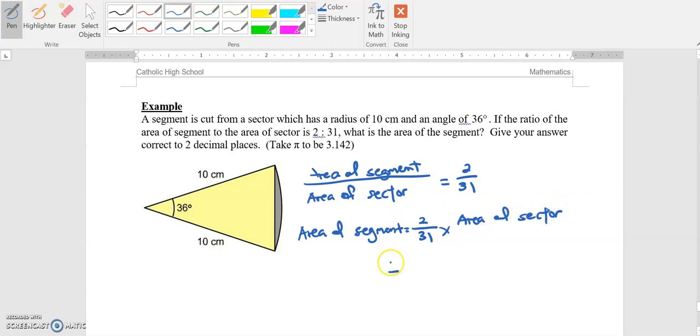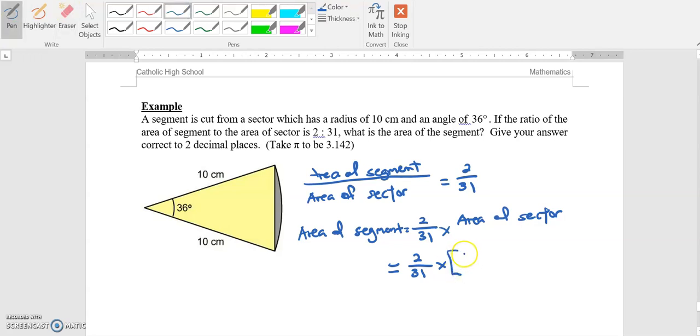Since the question gave me degree, I shall do it in degree. If I do it in degree, be very careful which formula you use for area of sector. I will go with 2 over 31 times area of sector in degree. That's pi. Oh no, that's not pi. Pi r squared is a full circle.